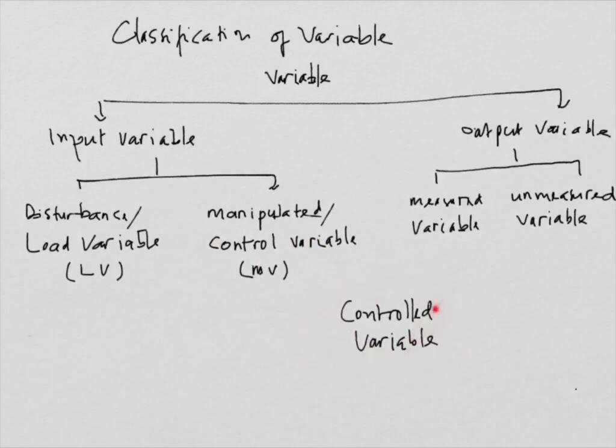Variable that we control usually is measured variable, or sometimes unmeasured variable. This is the control variable. Look at this difference: control variable and control variable.